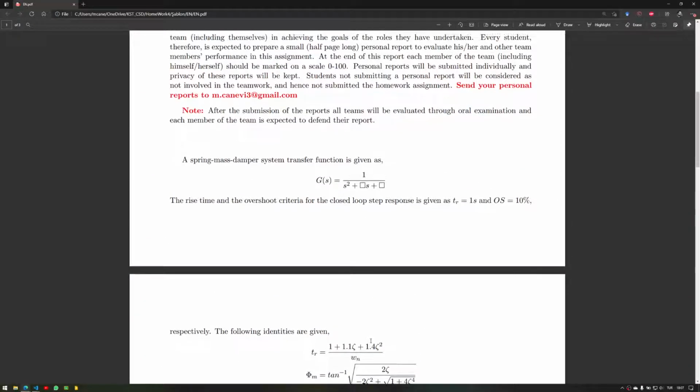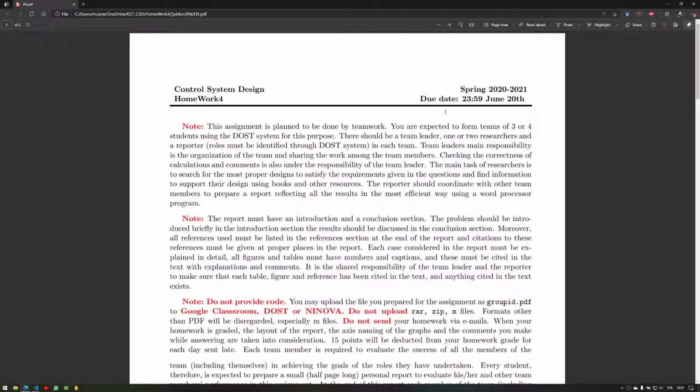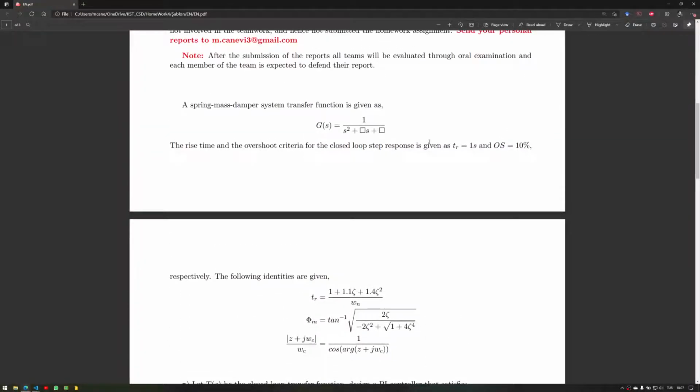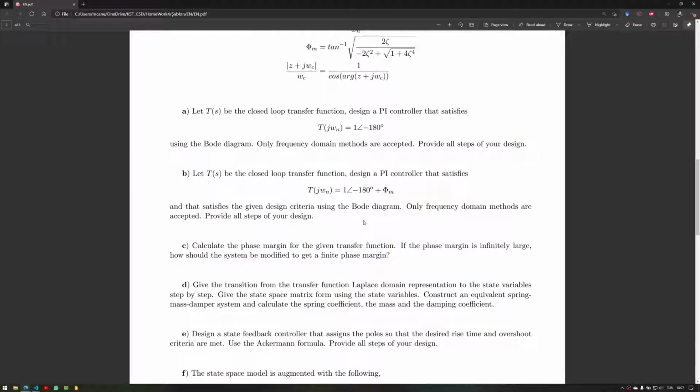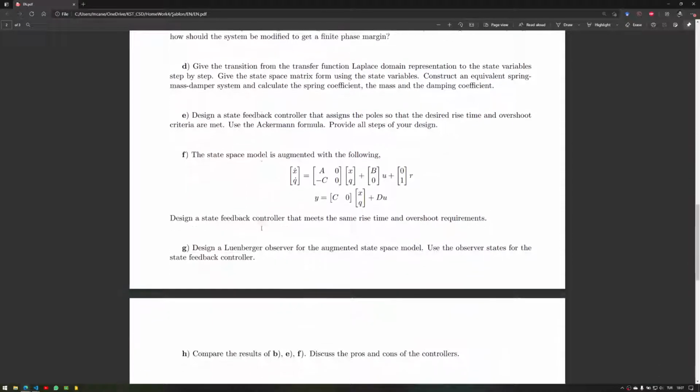So as you can see, the due date here is June 20th, which means that there is a slightly tighter window in order to prepare the report, work on this homework, and submit it. But keep also in mind that some of these questions are pretty straightforward.